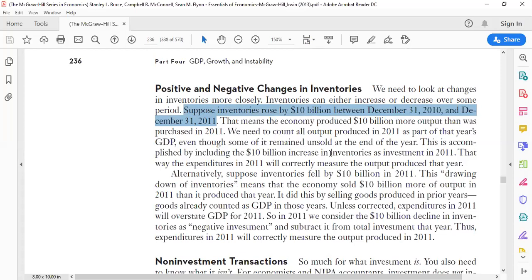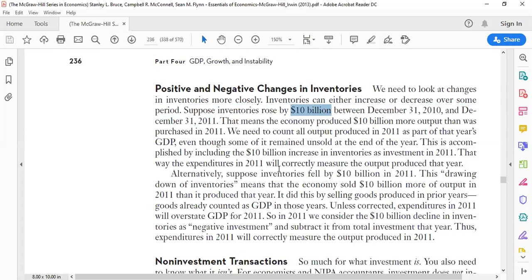The change in inventory in this case is 10 billion, which means investment is 10 billion. This is a positive change in inventory, and that is taken as an investment.